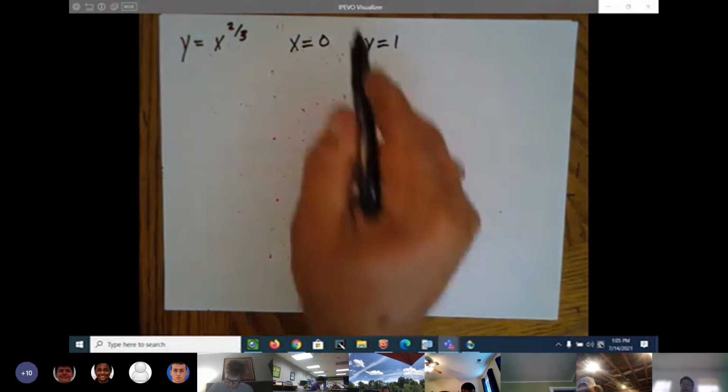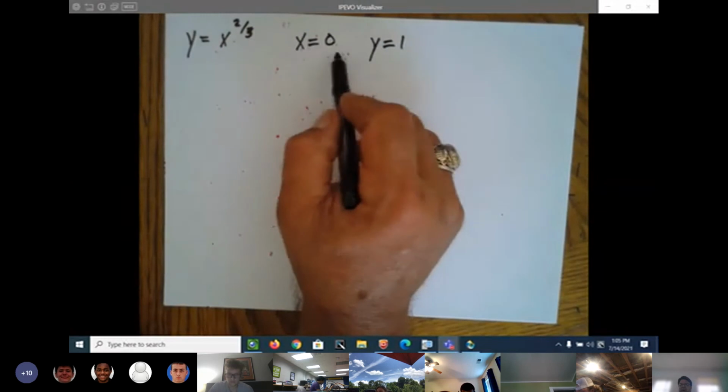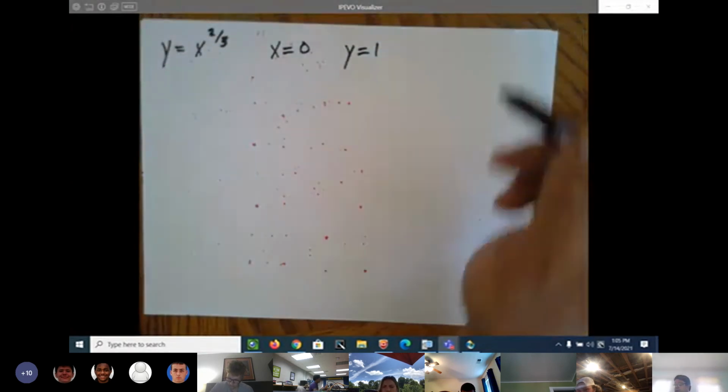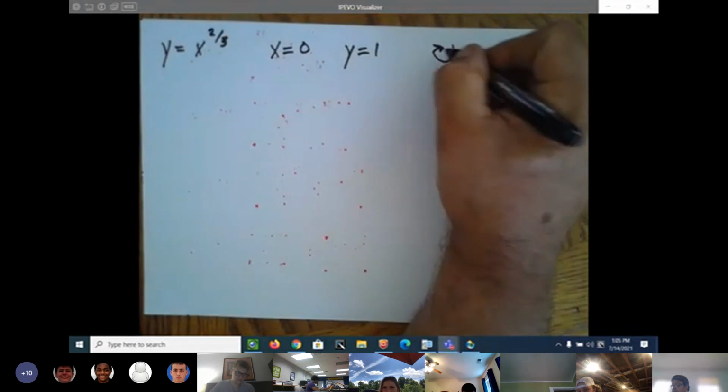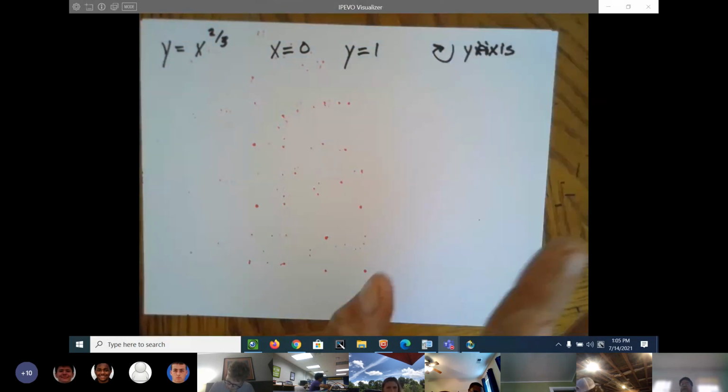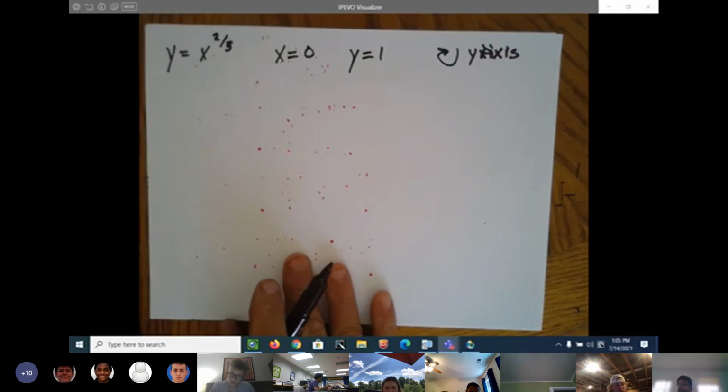Now, these are lines. The way I'm writing it, these are lines, so you got to draw it. And you're revolving around the y-axis. Now, the first thing you got to do with this one is you got to draw everything. Just draw it first. Don't try to do anything. Draw it.